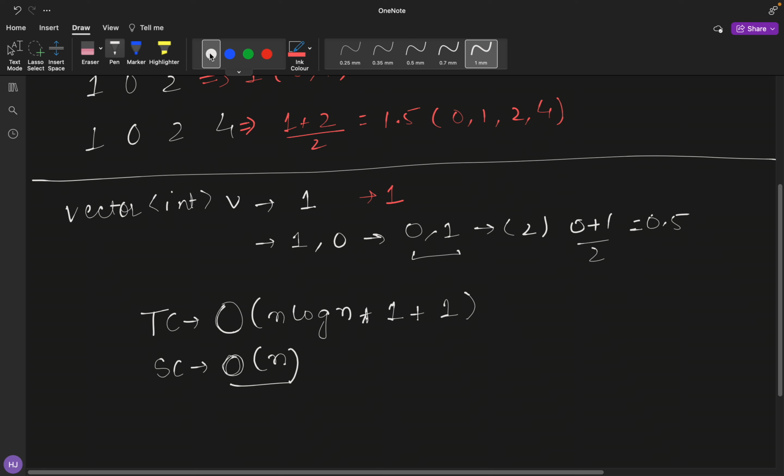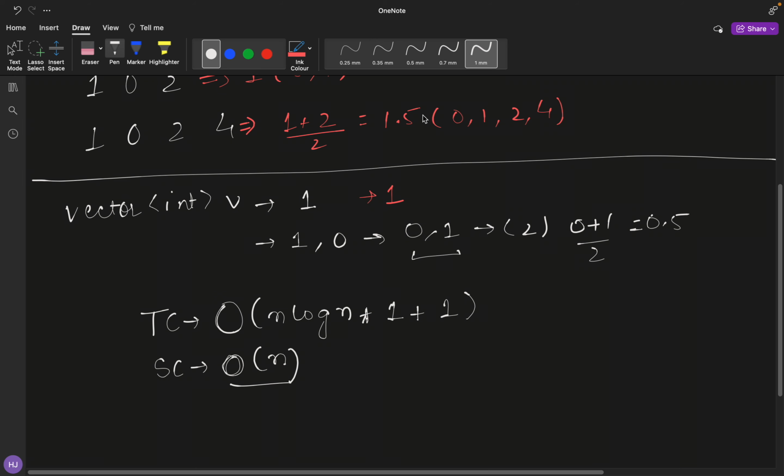If you have 10 raised to power 9 elements in your array, how will you actually implement this solution? It will take a lot of time, and your solution will run into time limit exceeded.